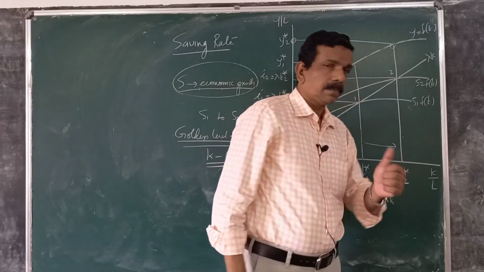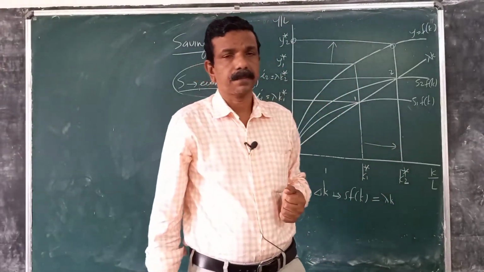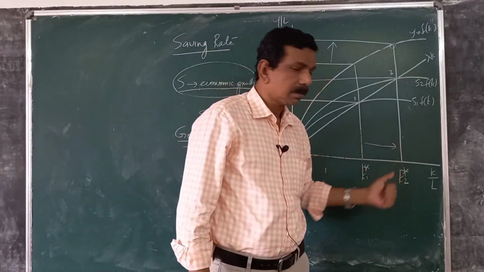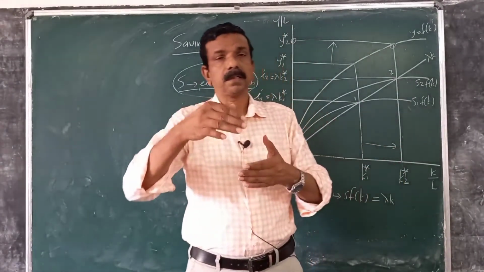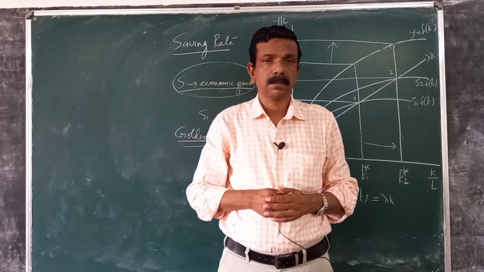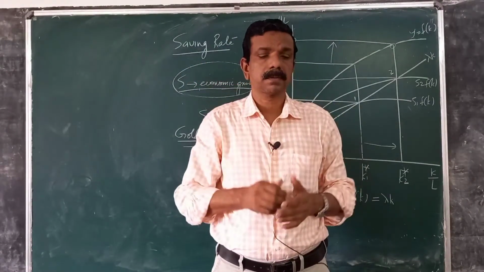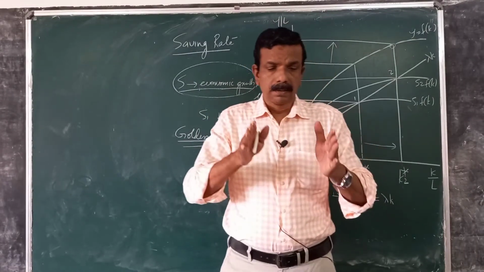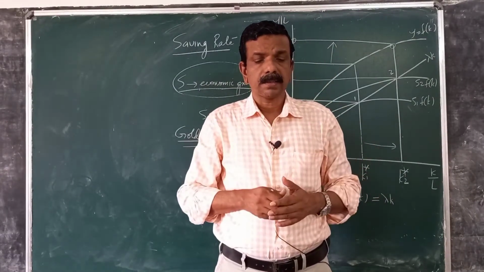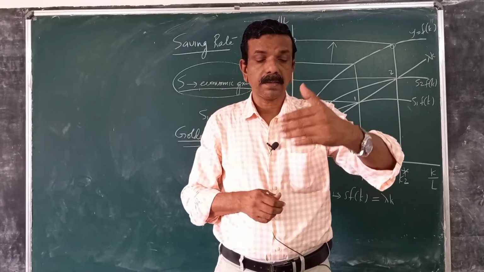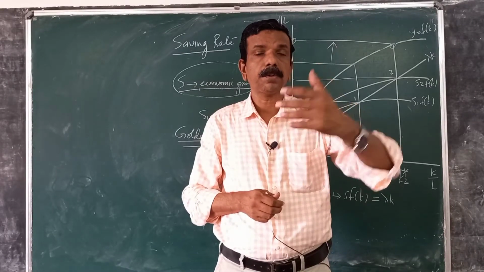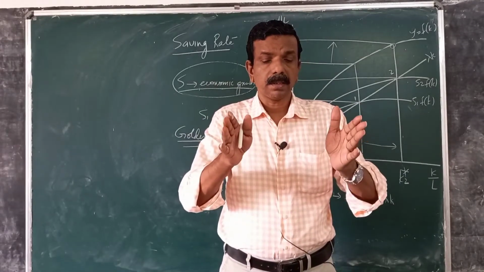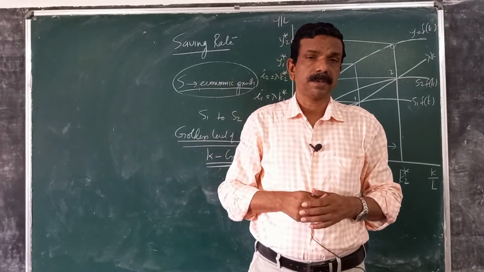But only for a short period of time. Once the economy reaches the new steady state, there is no further economic growth. Economic growth ceases. So what we say is, changes in the saving rate affect the level of capital and output per worker, but not the long run growth of these variables.